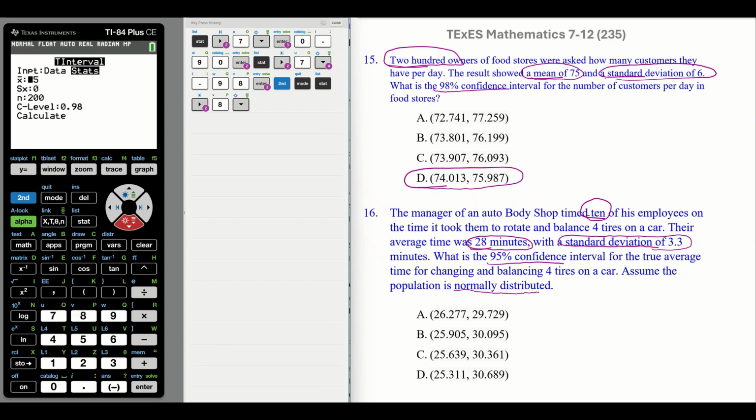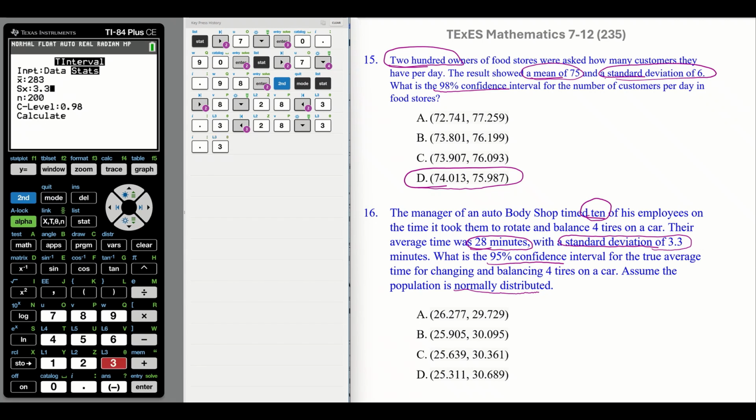Still working on stats. For this, we have 10, 28 minutes. Deviation goes first, 3.3. No, that's our mean. What am I doing? That's on the other one. 28. Okay, 3.3. There we go.